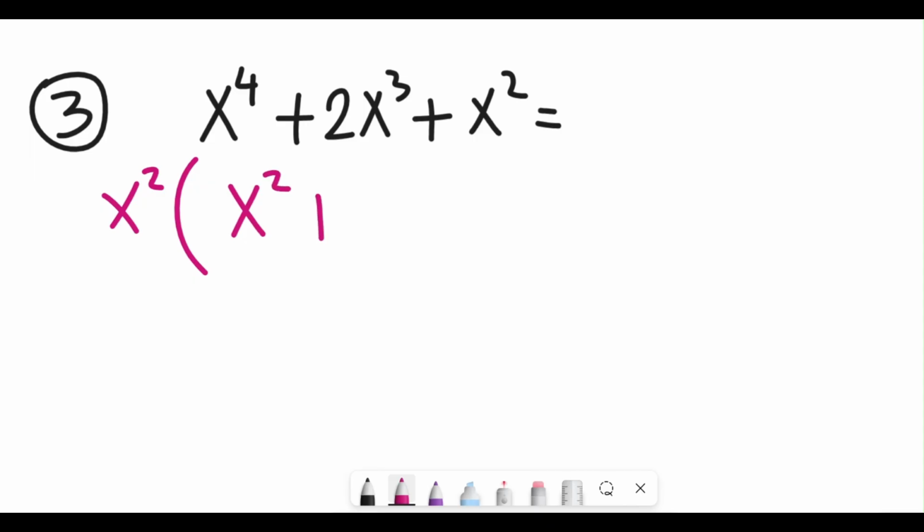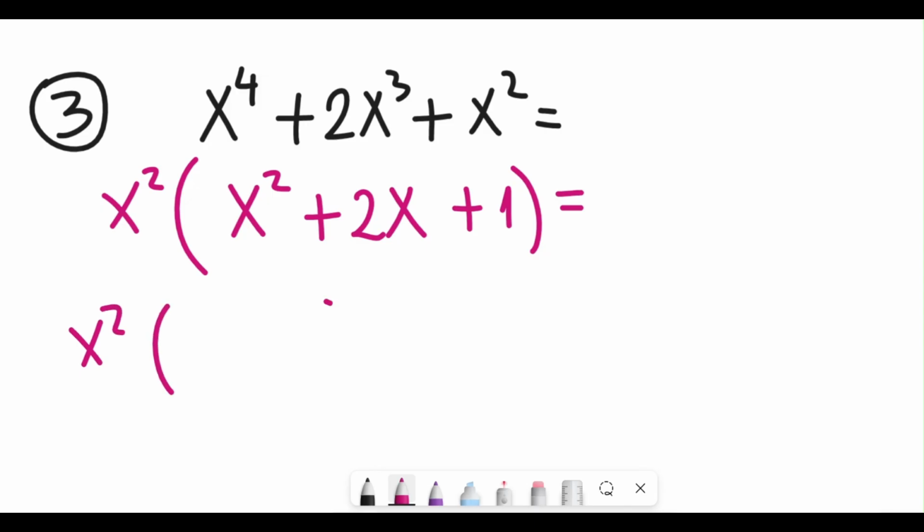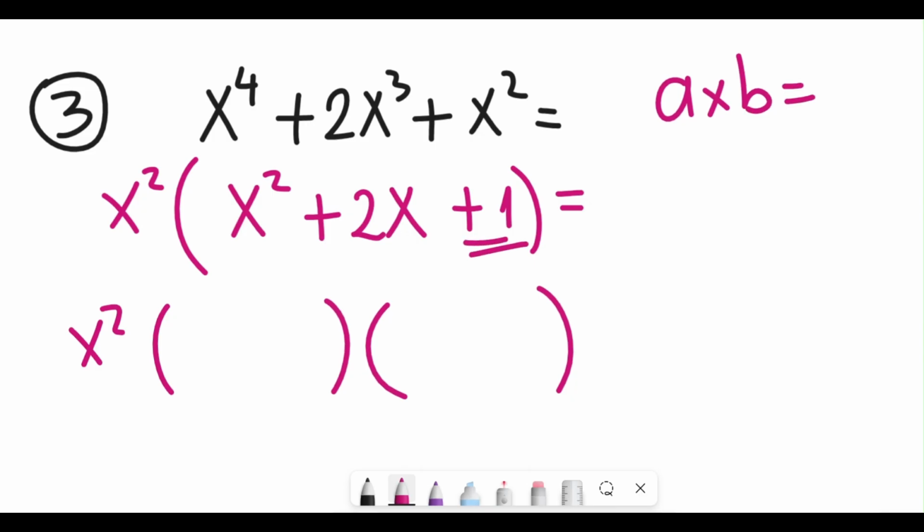It's x squared. x squared multiplied by what will give us 2x cubed? It's 2x only. x squared multiplied by what will give us x squared? It's 1.